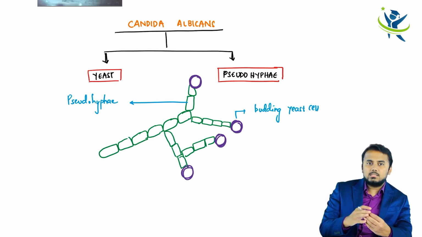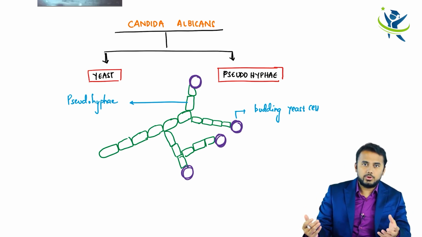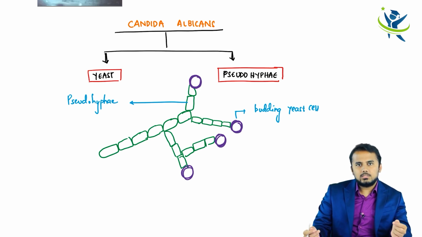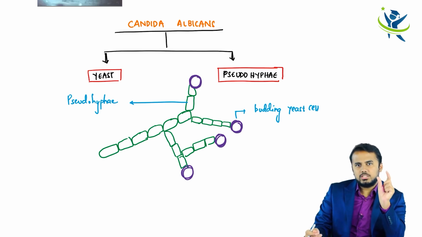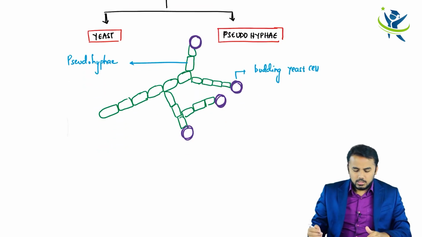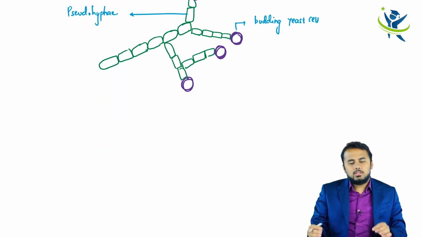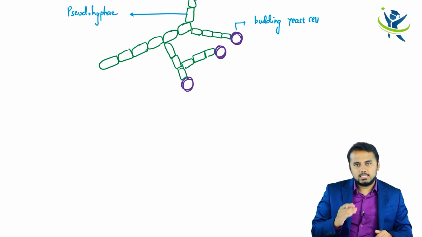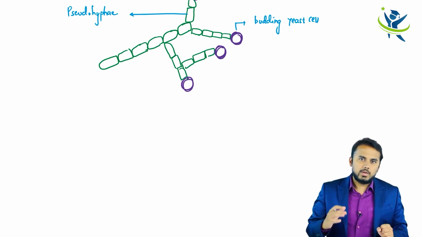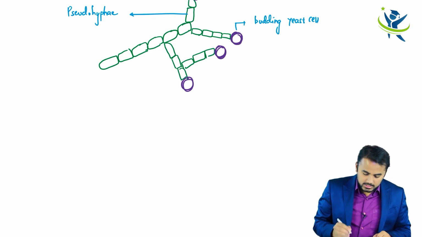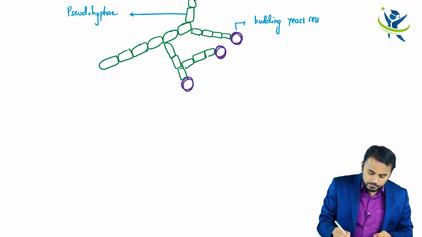Everything grows from a single cell, right? For example, in humans, the initial stage of the cell is the embryo, the same thing. As this Candida albicans is growing, this is how it looks here.